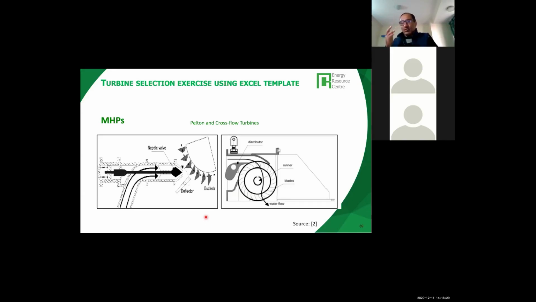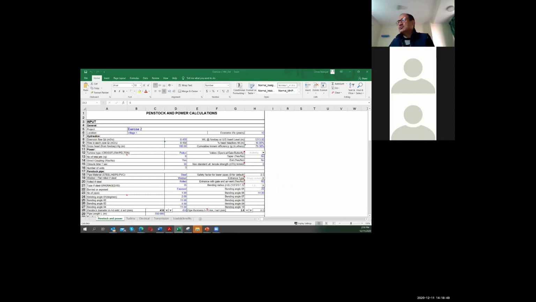So now I would like to briefly walk you through the turbine selection exercise template that we use, which is the second sheet in the Excel file I shared with you today. Just a moment.